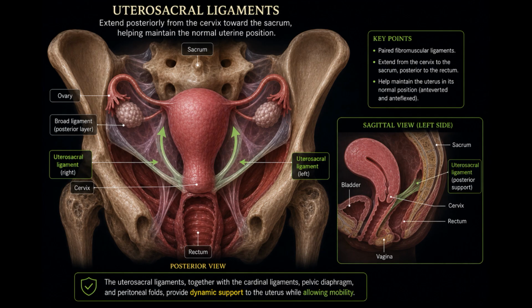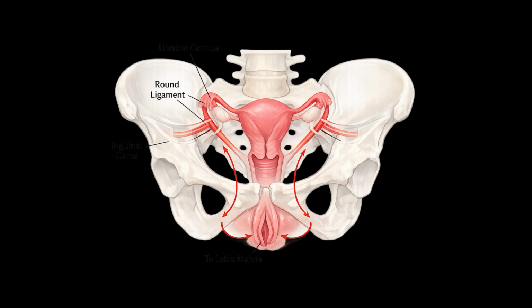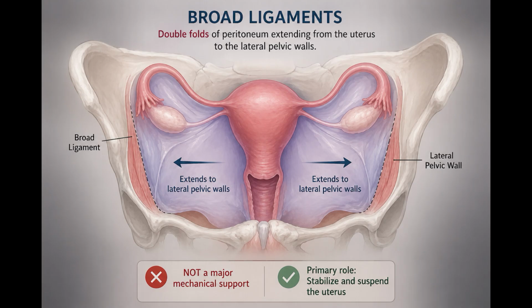The uterosacral ligaments extend posteriorly from the cervix toward the sacrum, helping maintain the normal uterine position. The round ligaments pass from the uterine cornua through the inguinal canal to the labia majora, contributing to the maintenance of anteversion. The broad ligaments are double folds of peritoneum that extend from the uterus to the lateral pelvic walls.